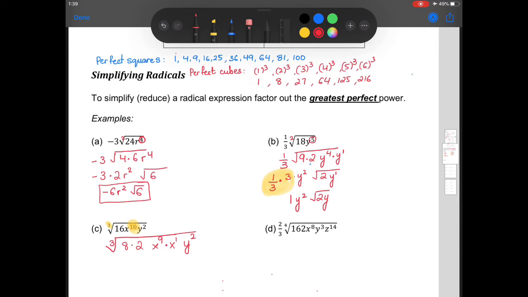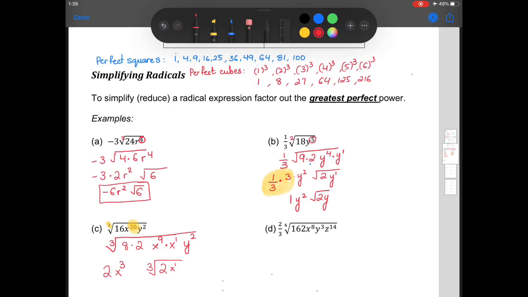So now how do I simplify it? Just like we did for a and b. What's cube root of 8? It's 2. 2 is a non-perfect cube, so it stays under. Cube root of x to the 9th, or think about it as you're dividing the power by the root. So 9 divided by 3 is 3. So x to the third.